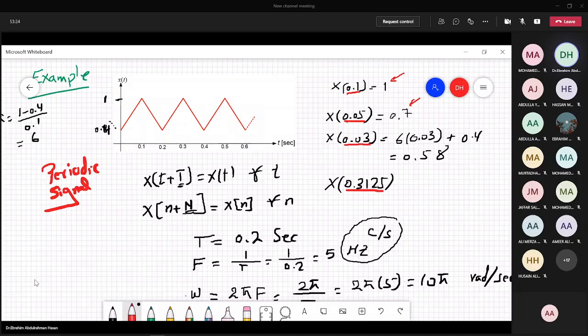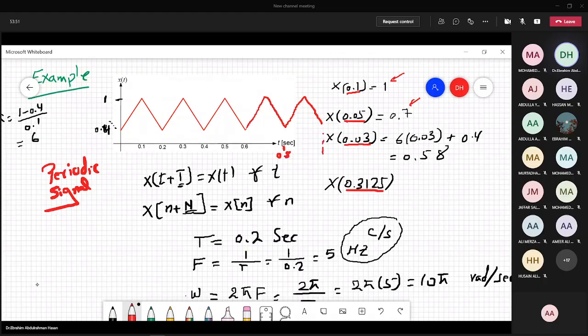Okay. If we continue here, we know that the period is 0.6, and then this one will be at 0.8.